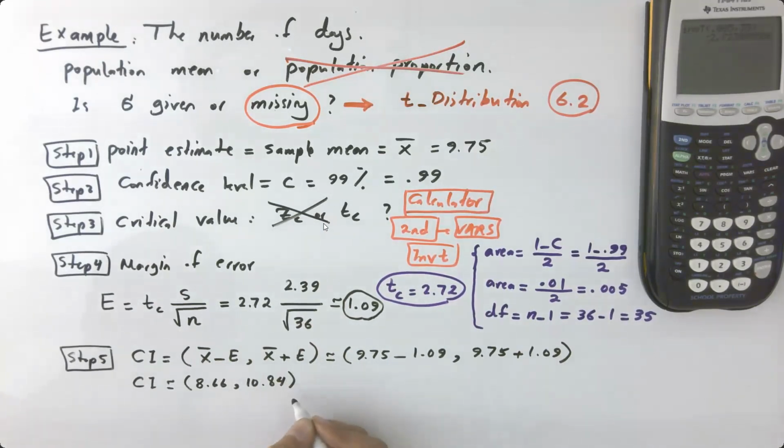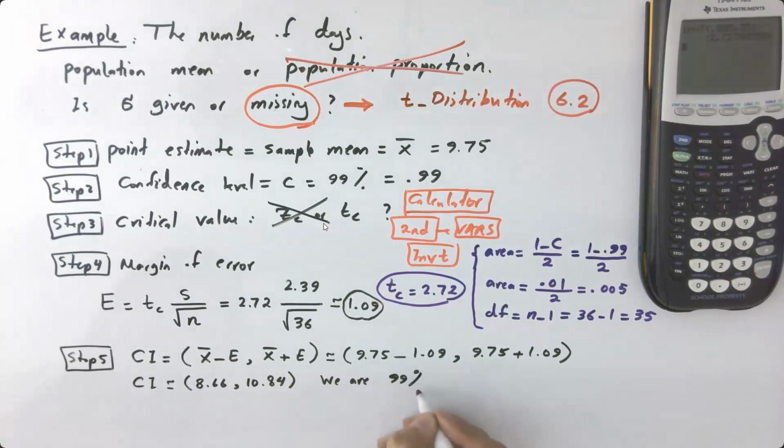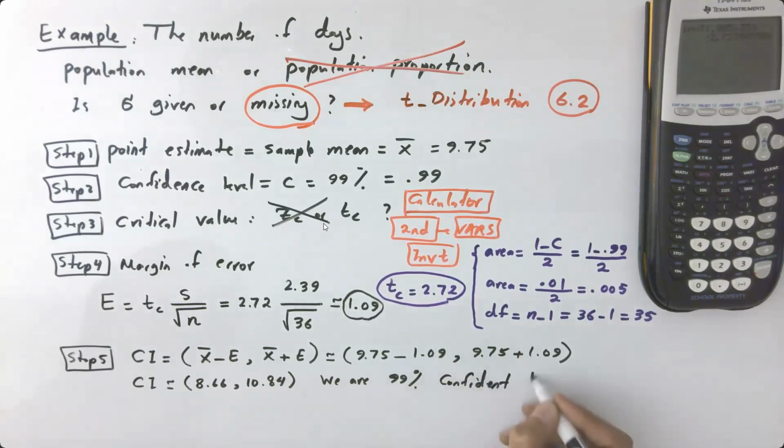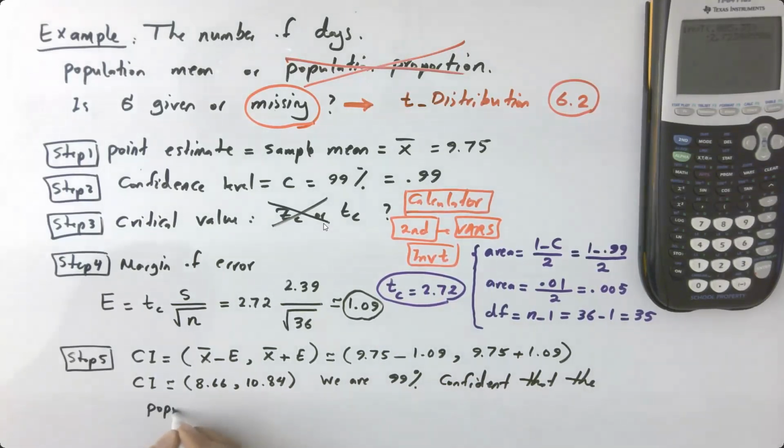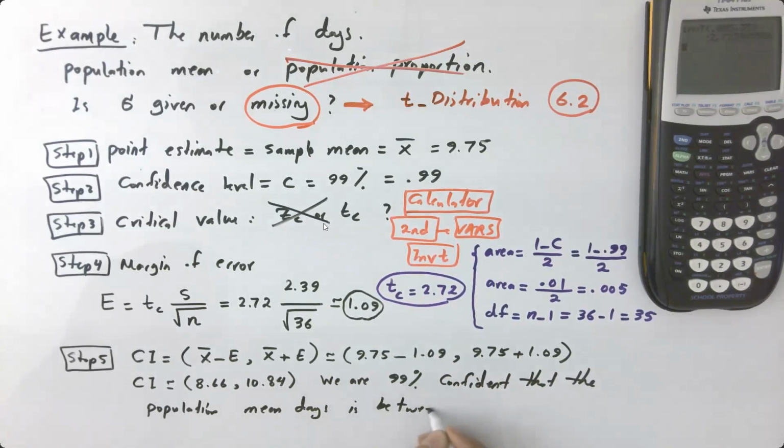And as a statistician in your report, you're going to say that we are 99% confident that the population mean days is between 8.66 days and 10.84 days.